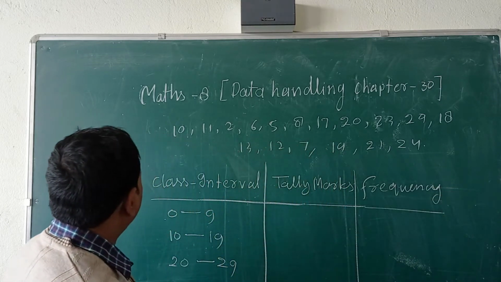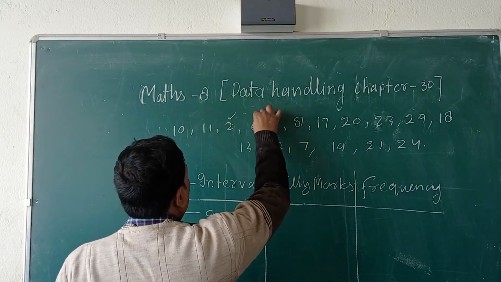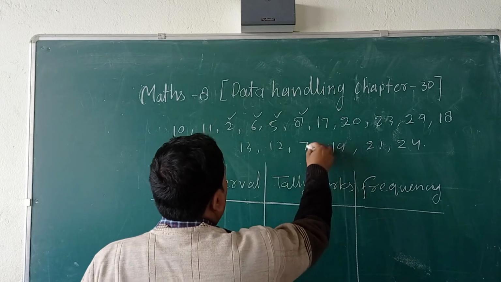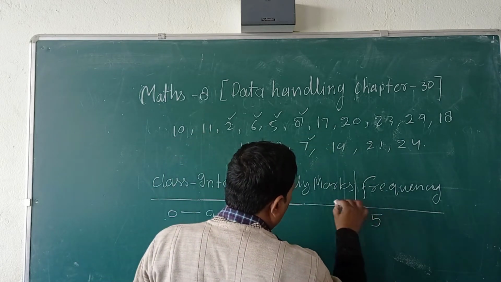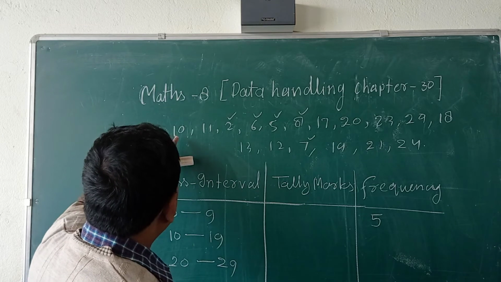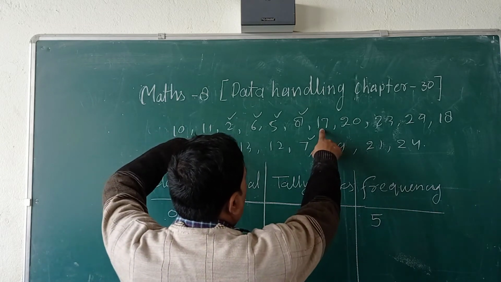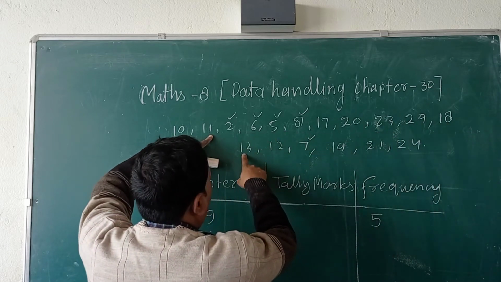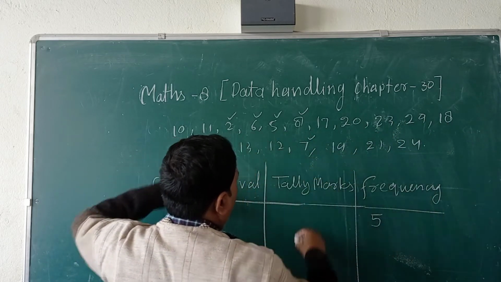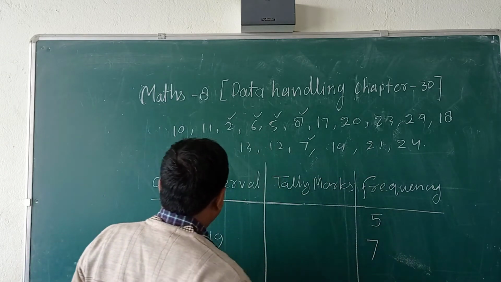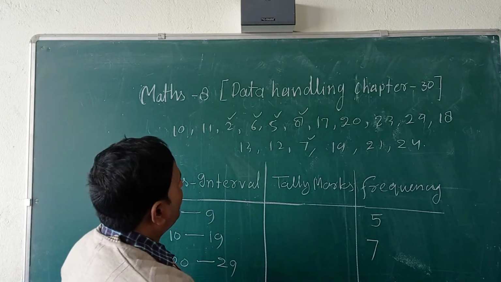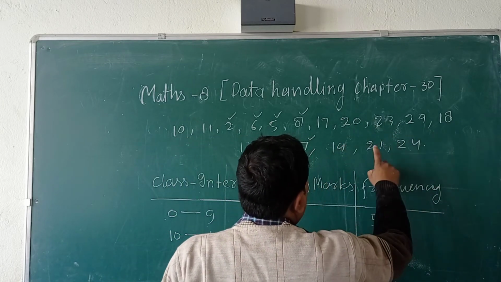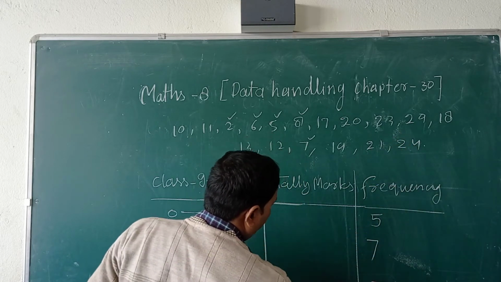Now see, 0 to 9: 1, 2, 3, 4, 5 numbers. Frequency is 5. 10 to 19: 1, 2, 3, 4, 5, 6, 7, so frequency is 7. 20 to 29: 1, 2, 3, 4, 5.